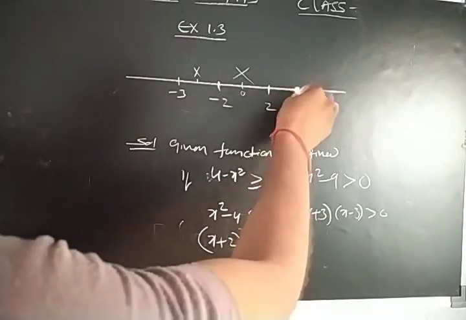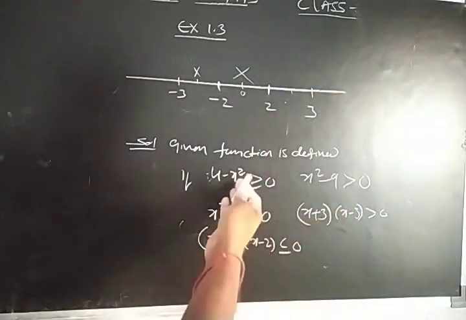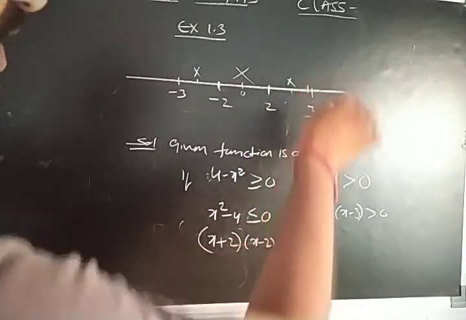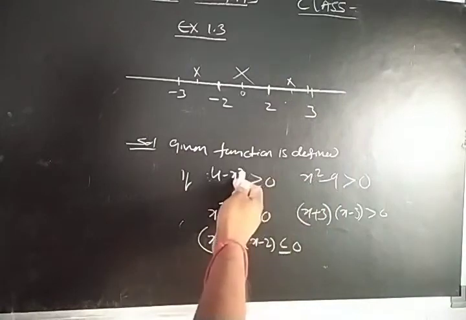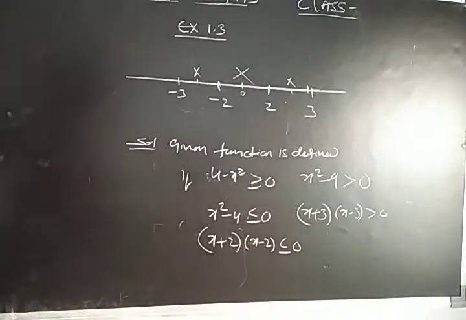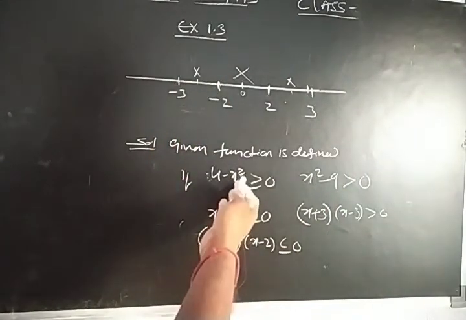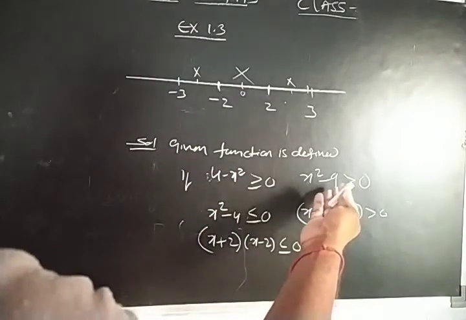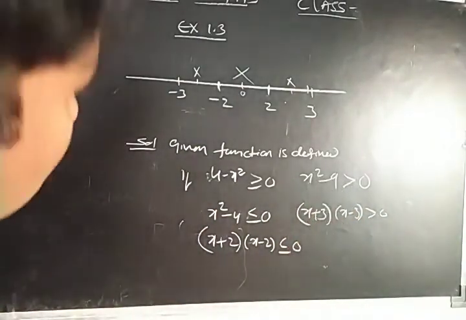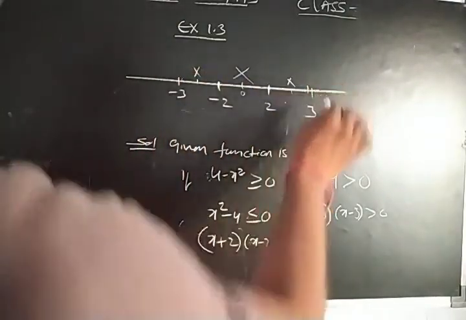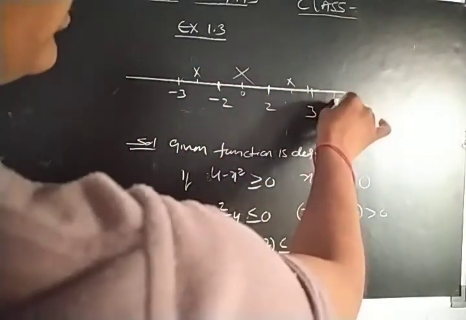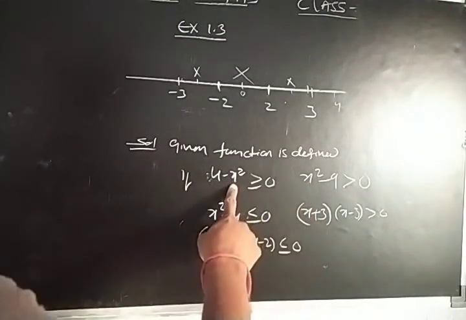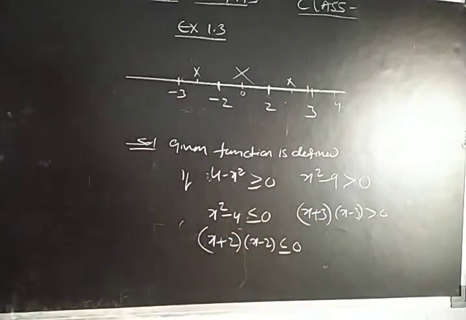Suppose I am taking 2.5, again a negative quantity, so we should not take this. At end points, suppose I am taking 3, 9 minus 9, not possible. Minus 3, same, not possible. So at end points also not possible. On the right hand side, suppose I am taking 4, 4 minus 16, negative, not possible.